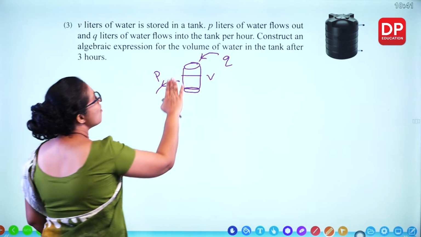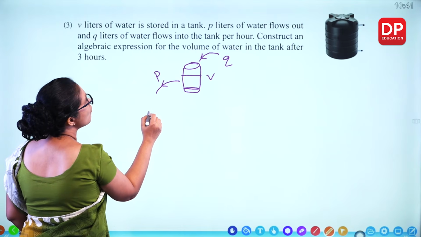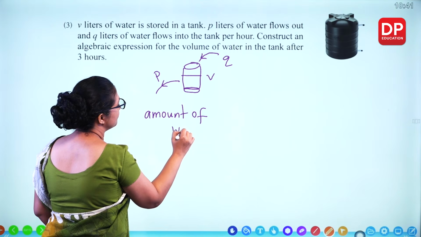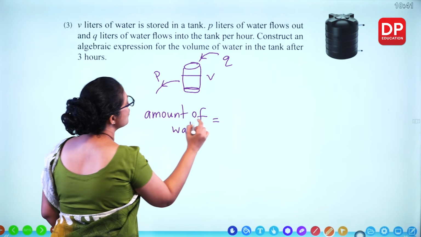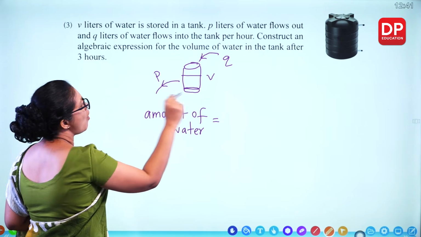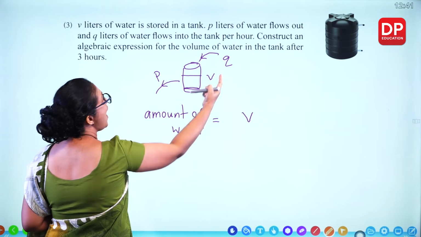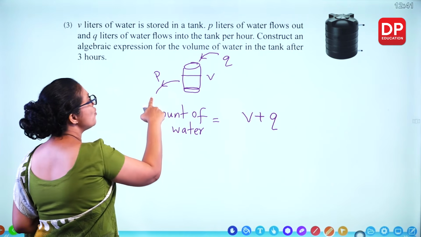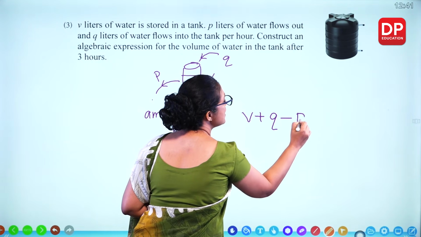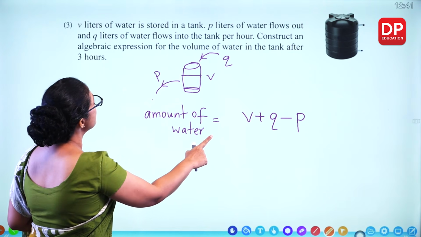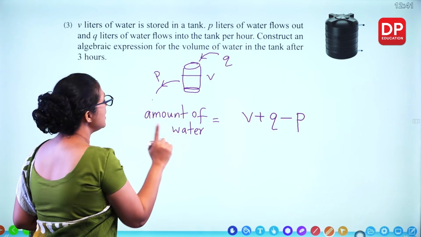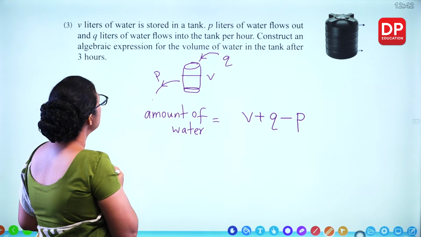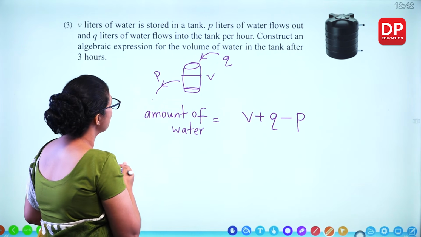So this is for 1 hour. What's the amount of water? Amount of water is equal to, so here V is already there and you are adding Q amount of water per hour and removing P amount of water from the tank. So this is the amount of water in 1 hour. So what's the amount of water in 3 hours?